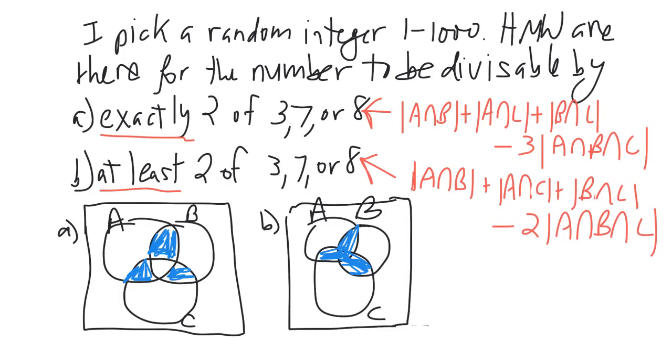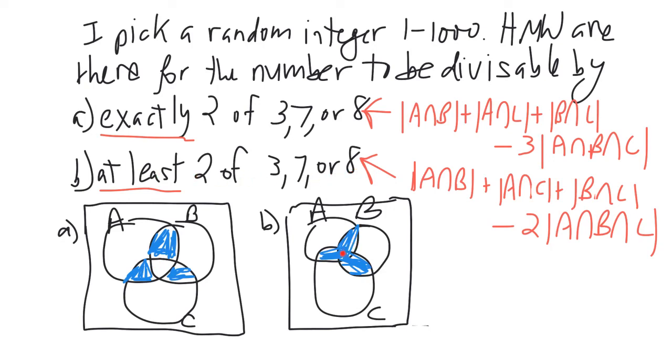In these last 2 problems, we pick a random integer from 1 to 1,000. How many ways would it be divisible by exactly 2 of these numbers 3, 7, and 8? A is 3, B is 7, C is 8. Notice the picture. It can only be divisible by 2 of these, not just 1 of them and not by all 3. And for the second one, at least 2 of these.